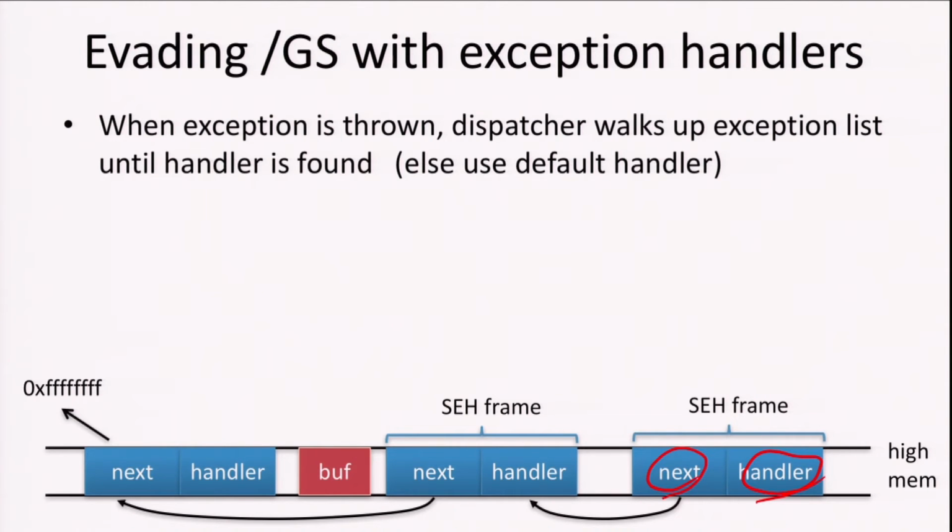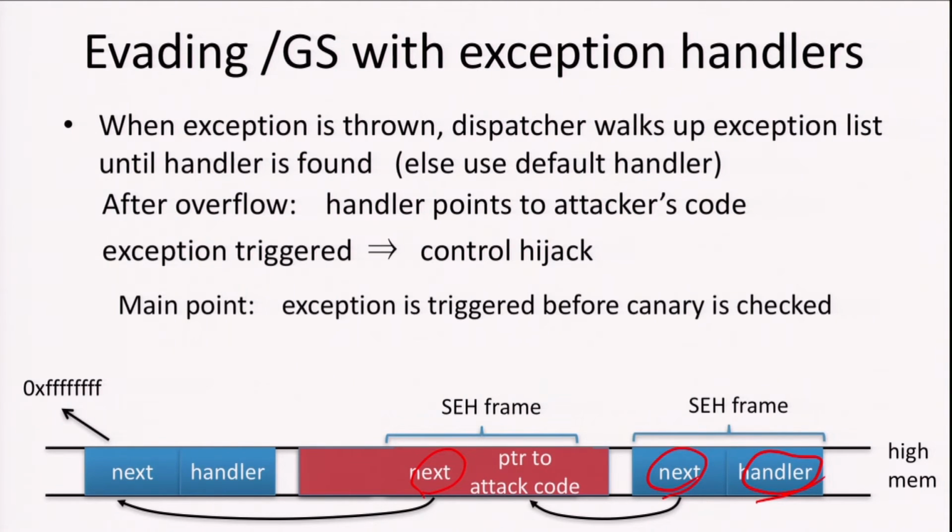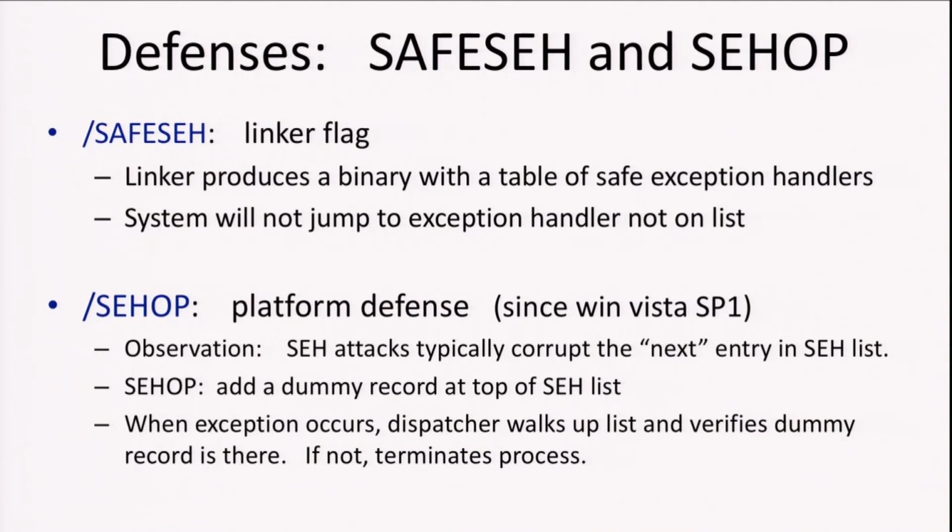So by doing a buffer overflow, one can change this next pointer, and if you point it to something whose handler is malicious code, then you can do an attack based on exception handlers. So how do you go about getting rid of this problem? Microsoft has done two things.